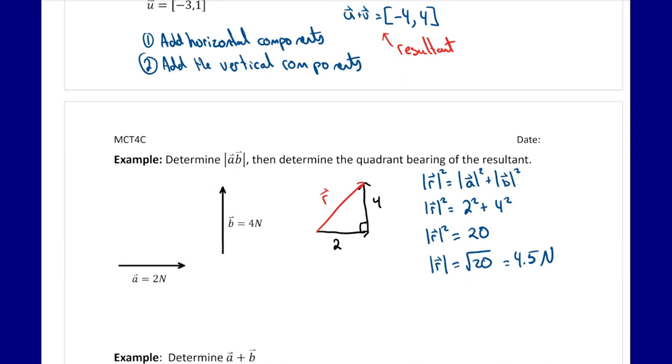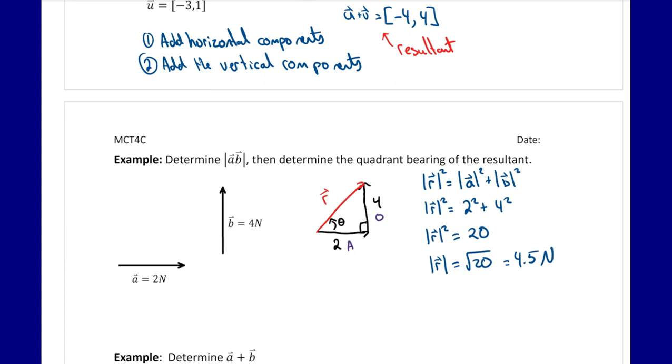So we have the magnitude now. Now we need to figure out the quadrant bearing, the degree or the angle. So we need to figure out this portion here. Now we're going to use the trig that we've learned before to figure out that angle. Based off of that angle, I have my opposite and my adjacent.